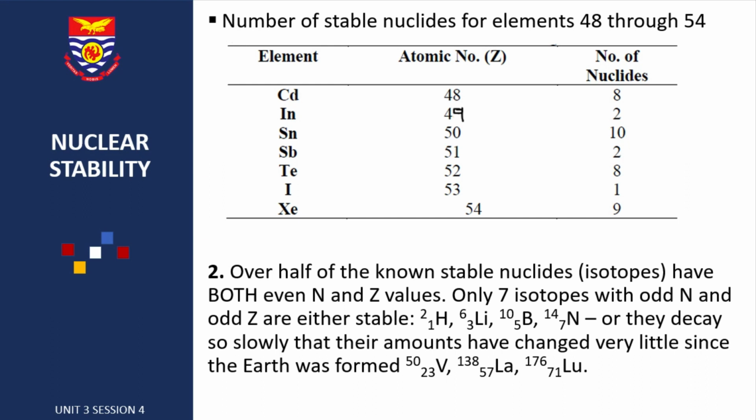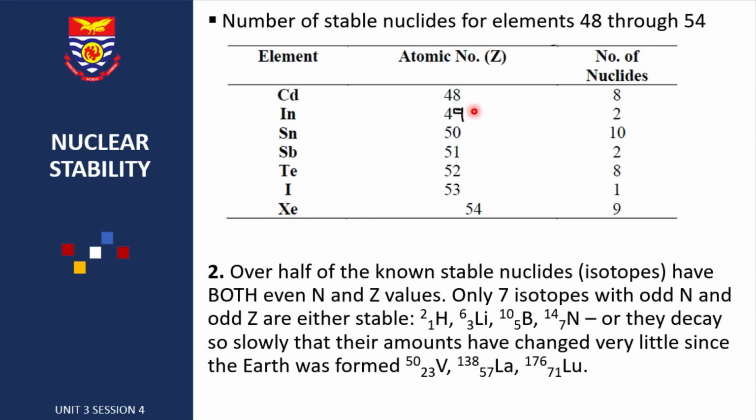So the table below shows elements from 48 to 54 on the periodic table, starting from cadmium to xenon.